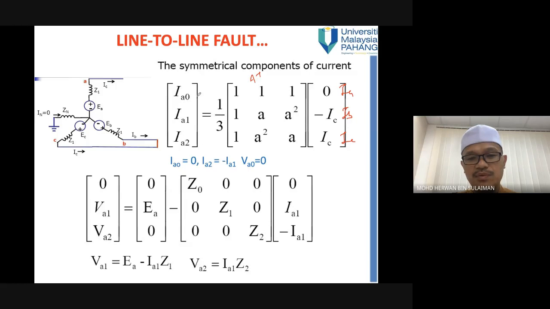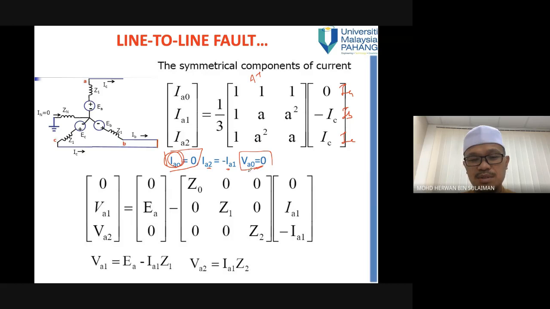We can see that the zero sequence for current is 0, because 1/3 times 0, 1 times 0 is 0, and minus IC plus IC becomes 0. So that's why you get IA0 equals 0. For the symmetrical components of current, the zero sequence is 0, and IA1 equals minus IA2. And we know already that our VA0 is 0.